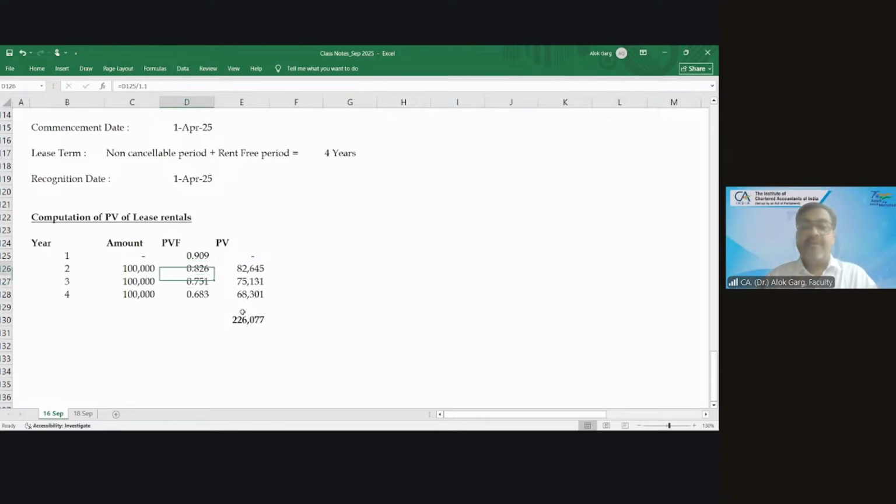So what is the accounting? Accounting on 1st April 2025. What will the accounting be? Tell me the accounting entry. ROU asset to lease liability. Right of use asset account debit, to lease liability.